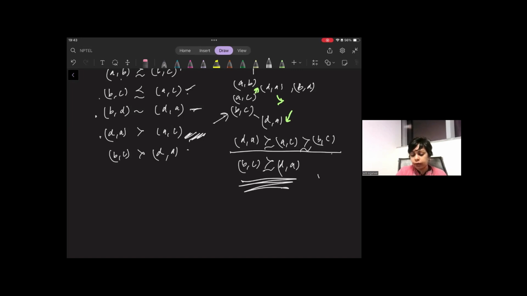Both of these cannot be true at the same time. B comma C cannot be more preferred to D comma A and less preferred to B comma C, sorry, D comma A. Is that making sense?